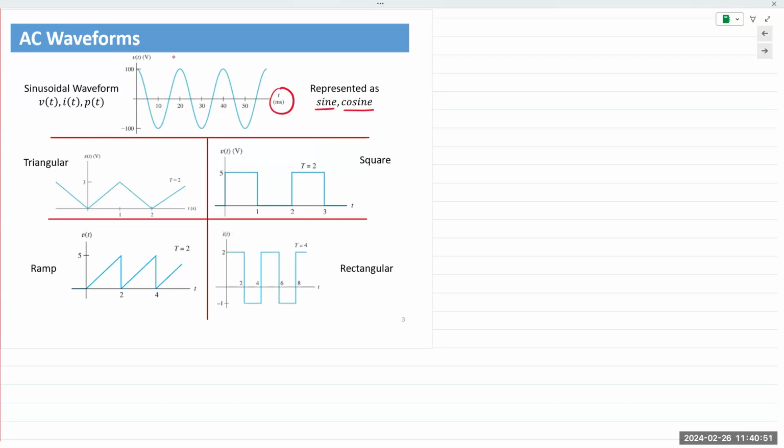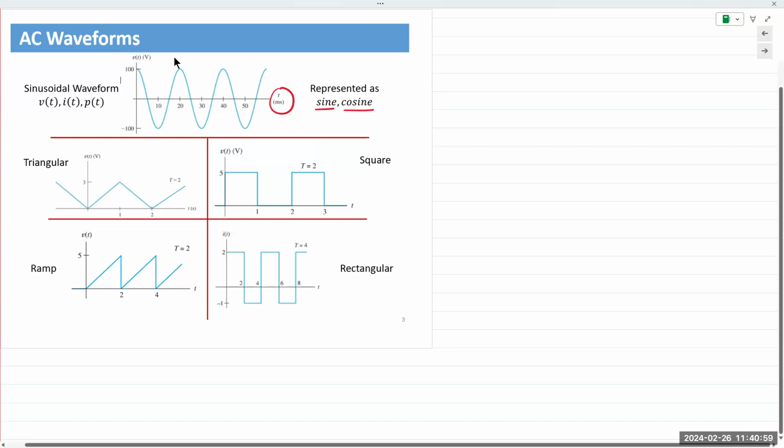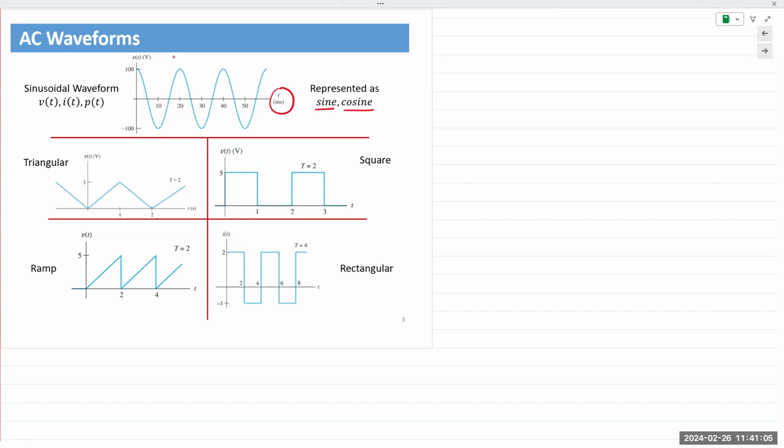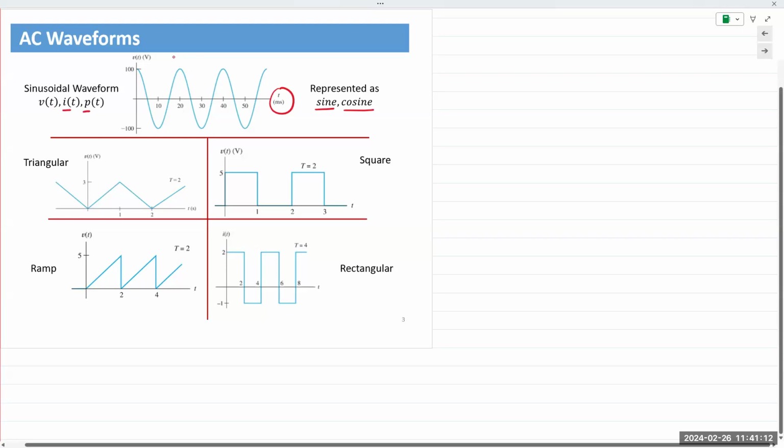We're in the time domain representation. The y-axis notes the actual value of that quantity. In this case, it is representing the voltage, so it's v of t, voltage as a function of time. It could just as easily represent voltage, current, or power.